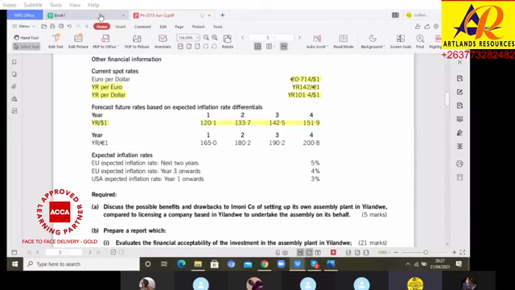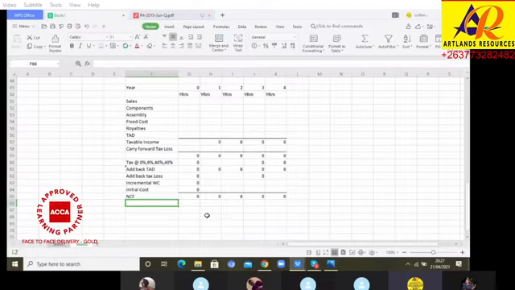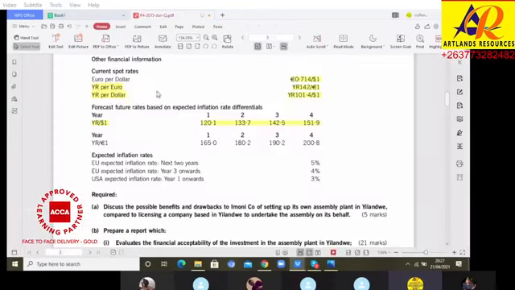So I say exchange rate. The exchange rate is Ilandwe Rand per dollar.